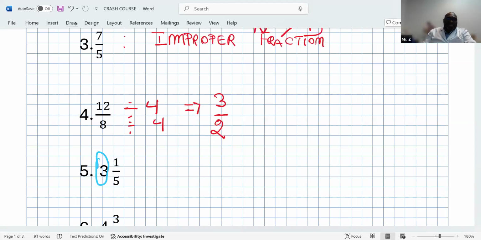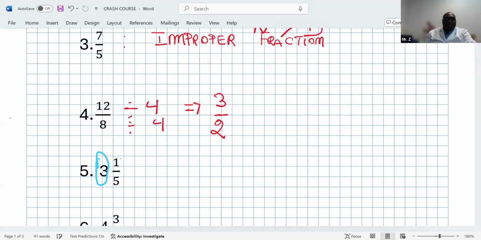Okay, so in this case, dear friend, as you look at this situation, the top number is our numerator, and the bottom number is our denominator.